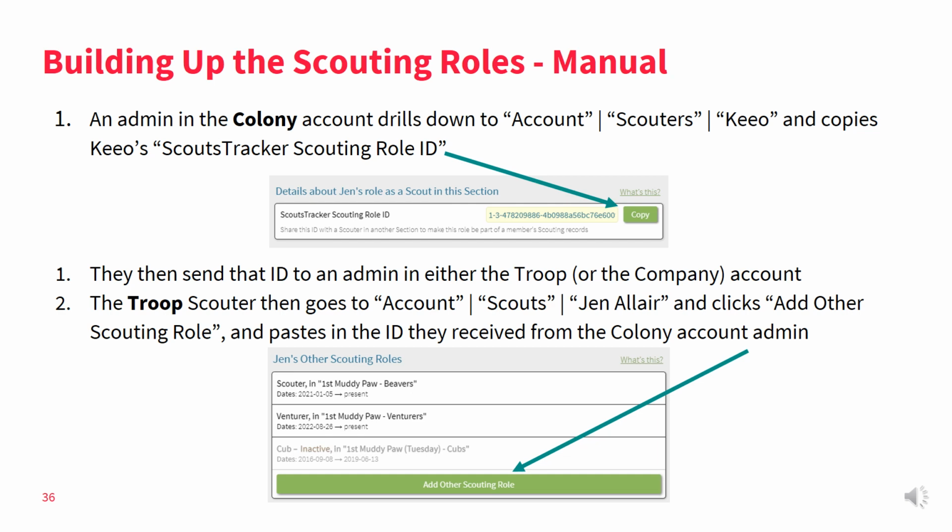If you click that and then send it to an admin in, say, Jen's other sections, maybe her troop or her company, the scouter in that account can then drill down to Jen and click Add Other Scouting Role. Paste in the ID received, and this will tell ScoutsTracker that these two people are actually the same, and once again there will be a merging or blending of the two binders.